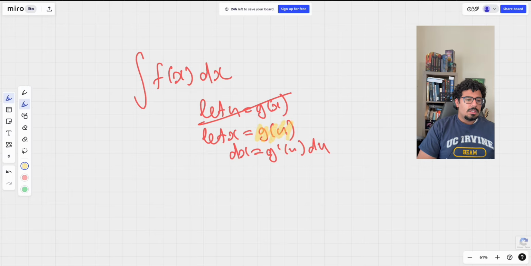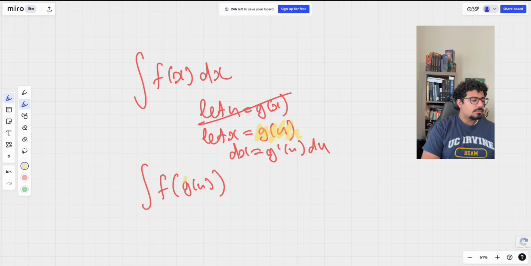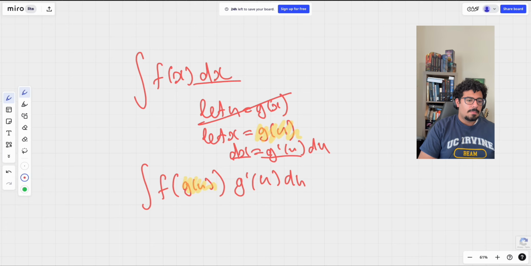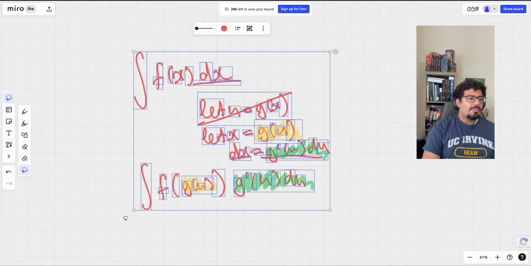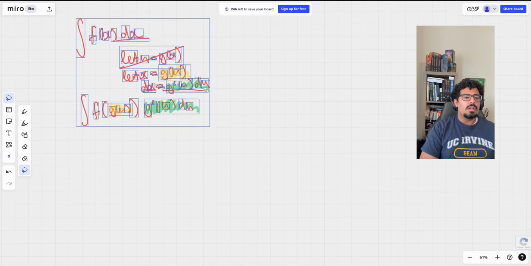So this becomes the integral of f of g of u times g prime of u du, which is dx. This is an example of why we can find Jacobians in stuff we've already done before.